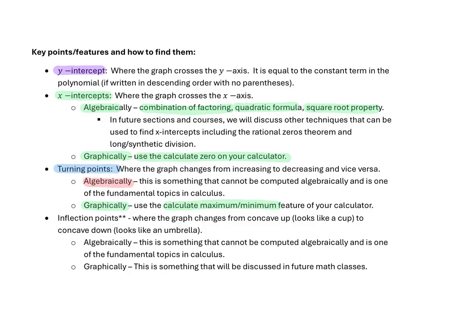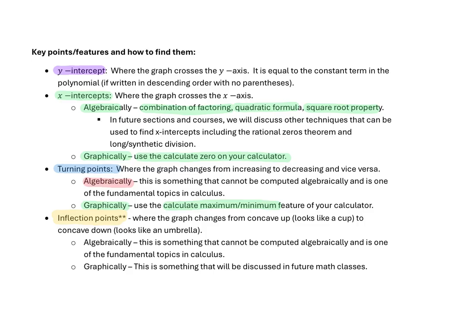The last thing I want to mention, and we are not going to spend any time on it in this class, is something referred to as an inflection point. This is not a high priority topic, but this is just to let you know that it is something that will be introduced later on in future math classes, and you probably won't actually talk about it until you get to calculus. An inflection point is just one beyond the turning point. Turning point is where we go from increasing to decreasing and vice versa.